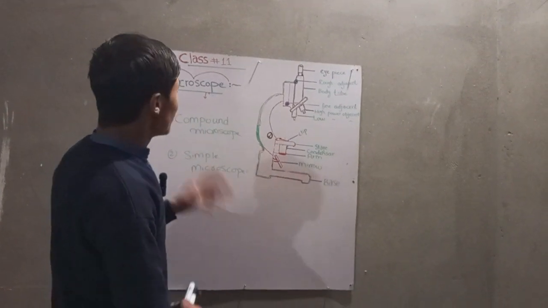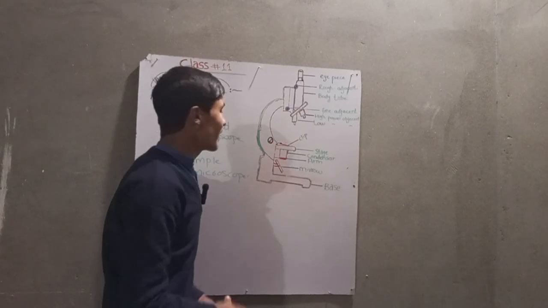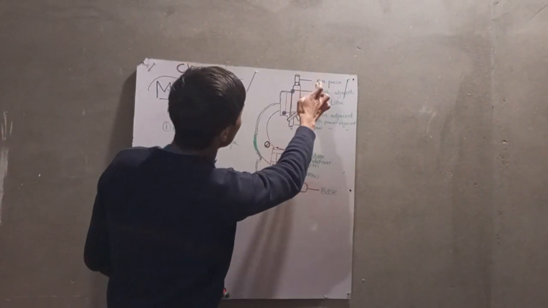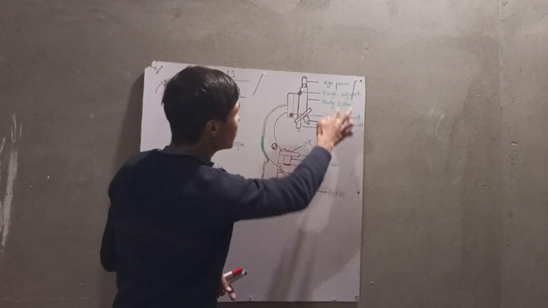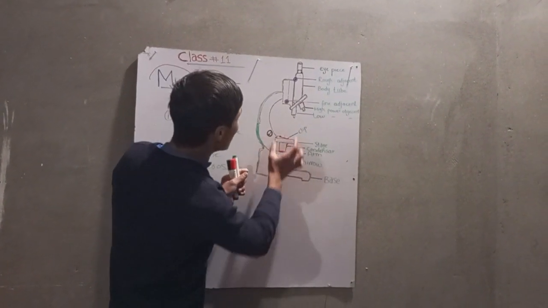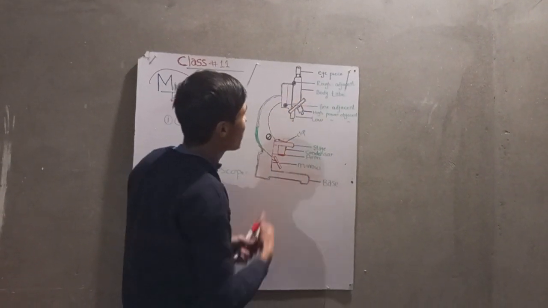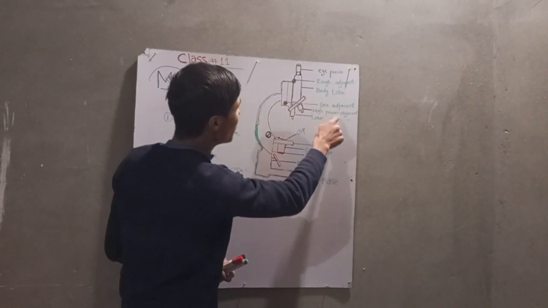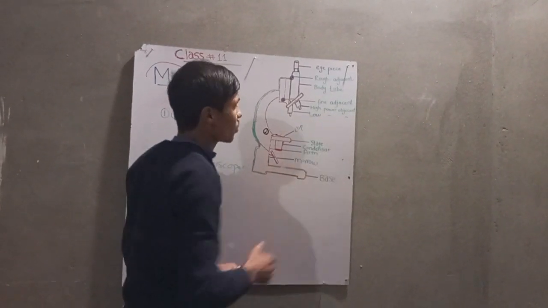Okay, so now we come to the structure of the microscope that I drew here. Number one, there is the eyepiece through which we see the object. The second one is the rough adjustment, through which the stage goes upward and downward. There is the body tube, fine adjustment, high power objective, and low power objective.